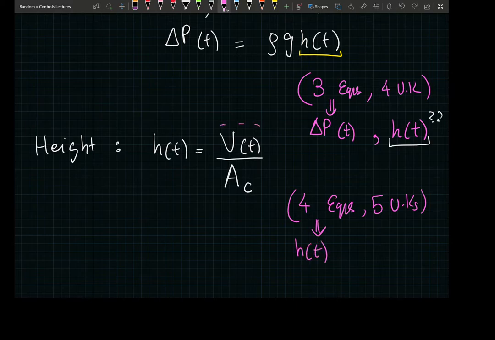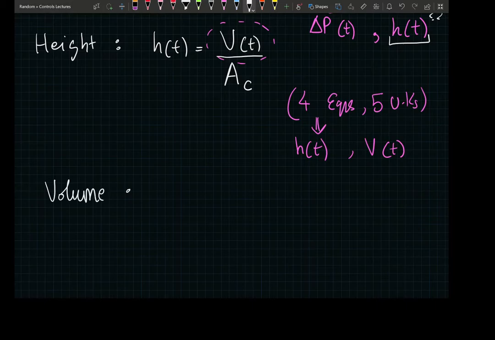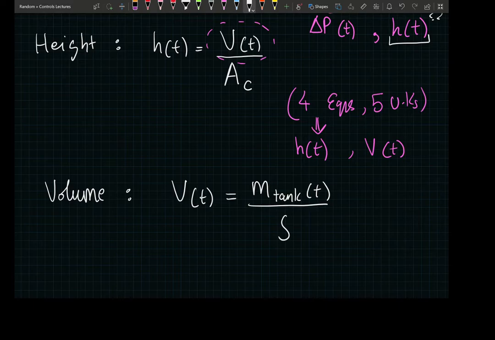And now there's another unknown that I've not explicitly accounted for. Some of you guys have already looked forward and know exactly what to do. But there are going to be people who have no idea where to get volume. And to those people, I say, it's okay. We're going to work through this. Volume inside the tank is equal to mass inside the tank divided by the density.